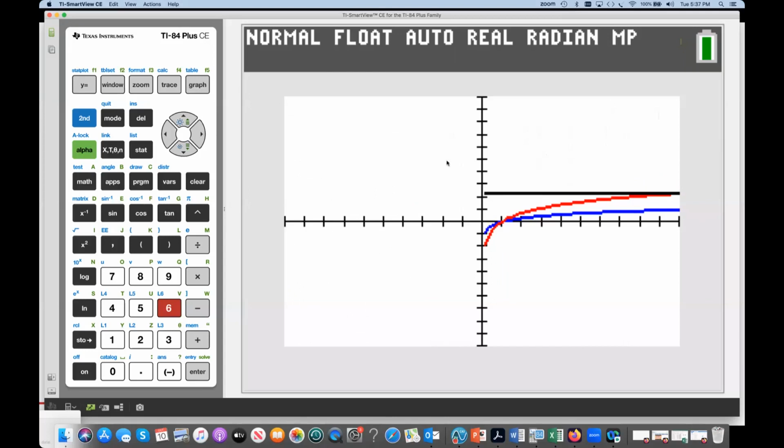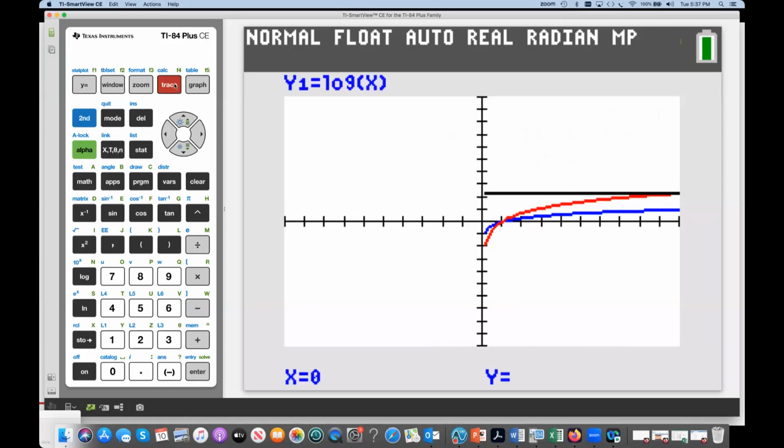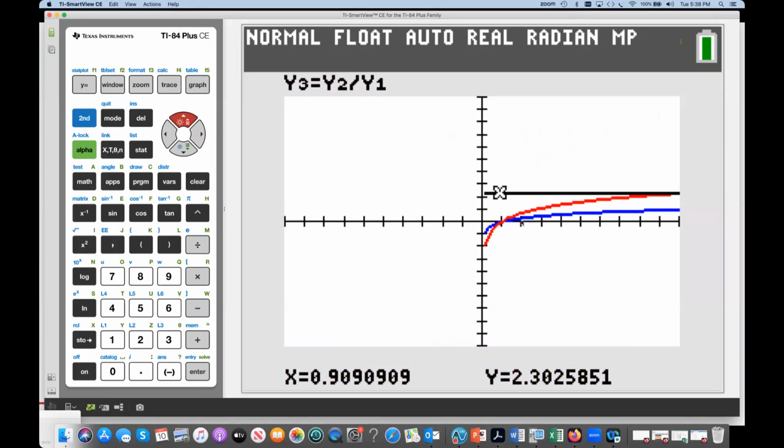My red graph, let's do the trace again. The red graph was the natural log, right? So if I go to the value 10, in fact, I think I can just enter 10.